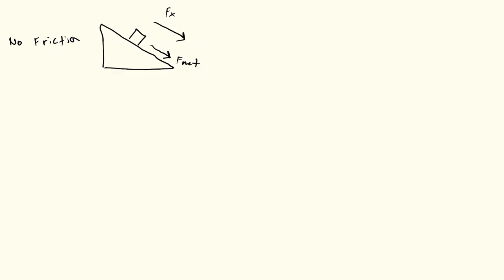If someone was trying to calculate the acceleration of the box on this ramp, how would they do that? Well, we would start with Fx is equal to F net. And as we said earlier, F net is equal to mg sine theta.